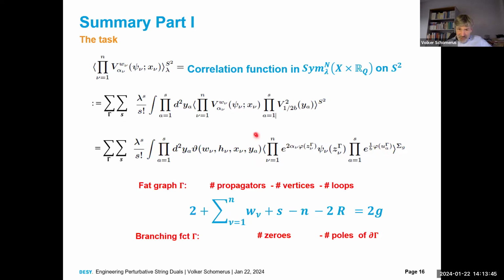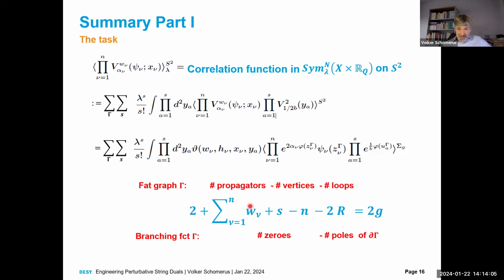And there's this complicated prefactor that I alluded to before. And of course, this side now requires, in particular this prefactor requires, that you compute the branching function gamma in order to be able to compute all this. So the genus of the surface that appears here is, of course, computed by this formula that I had before.